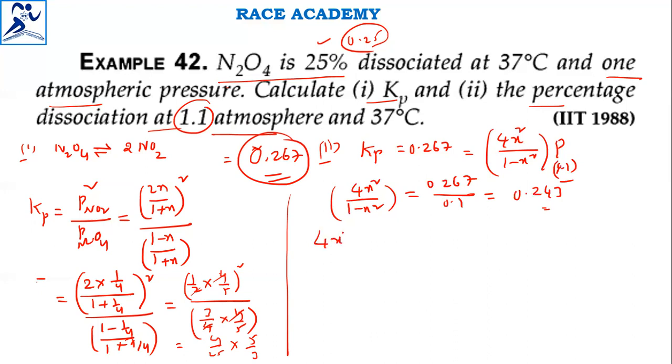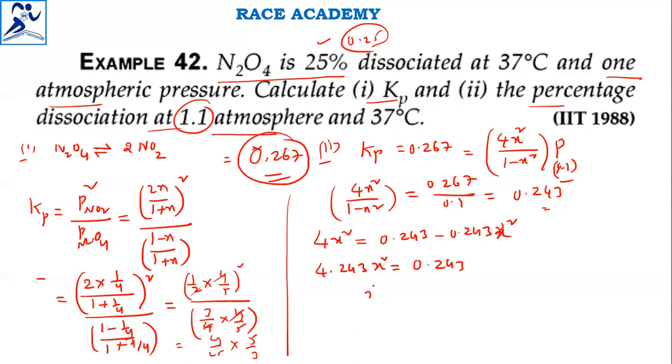We will get 4x square is equal to 0.243 minus 0.243 x square. After that, if you arrange the x square separately, then it will be 4.243 x square is equal to 0.243.